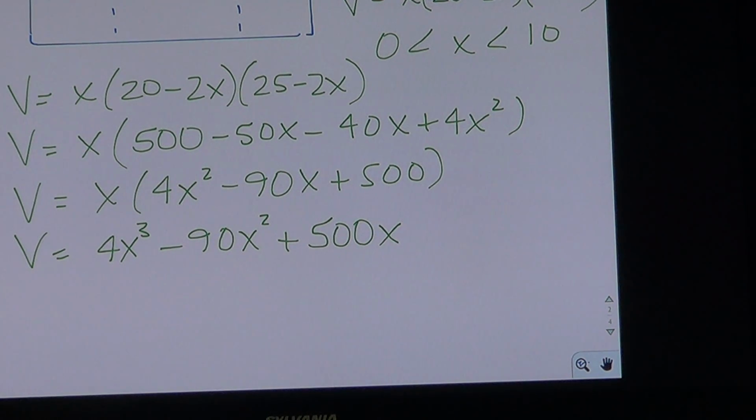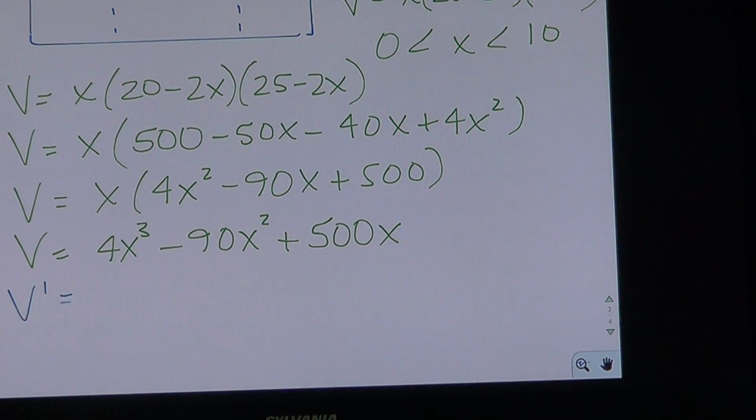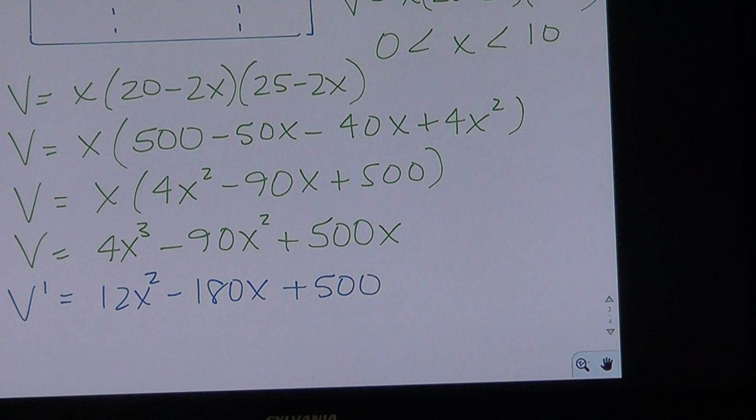Right? So the derivative is 12x squared minus 180x plus 500. Okay, good.